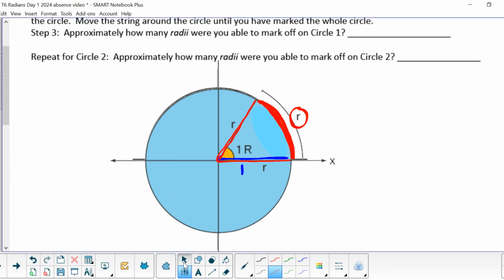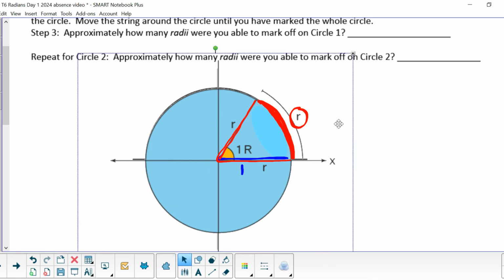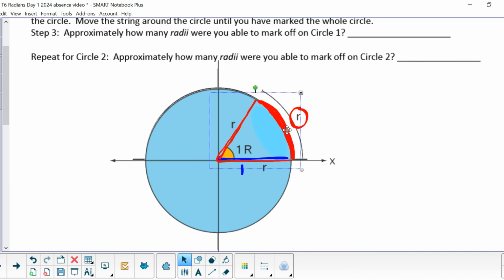All right, so now I'm going to spin this circle so that I can figure out how many radians fit in one circle. What you would have done in class is taken the string and measured it off, which I could probably do as well. So let me take another color and put it across the top.